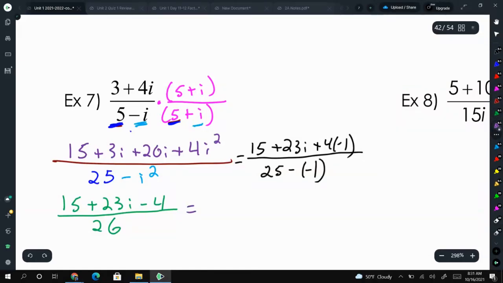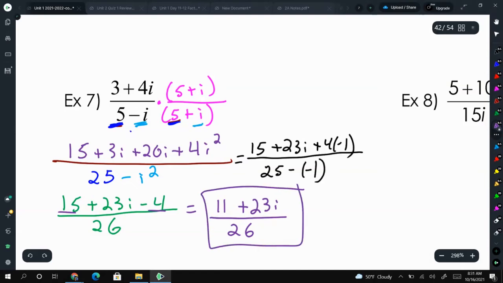All right, we're almost done. 15 minus 4, combine these like terms, is 11. So 11 plus 23i over 26. That is our simplified expression. And notice that it gets rid of our imaginary number in the denominator.